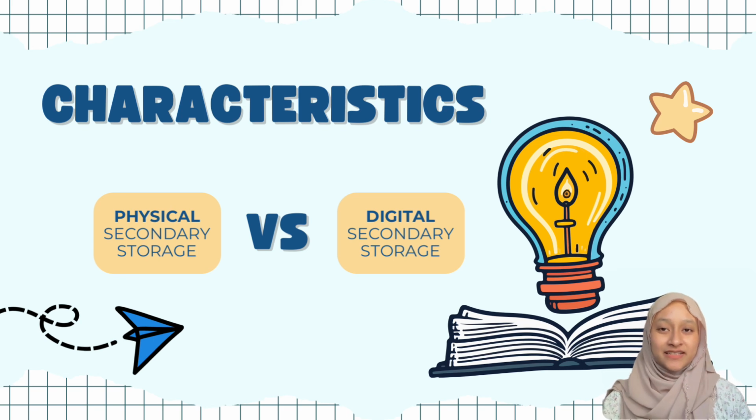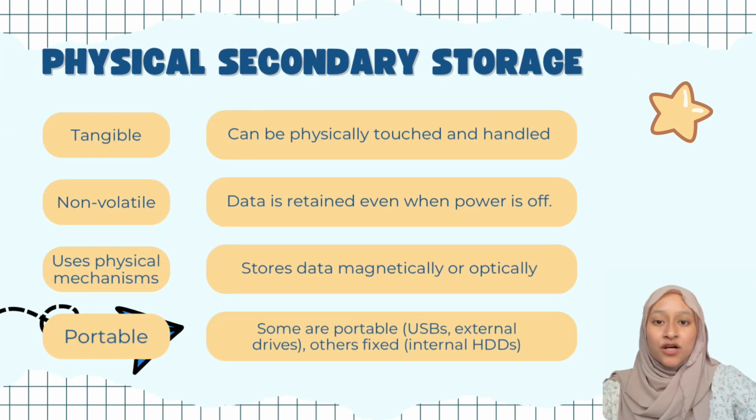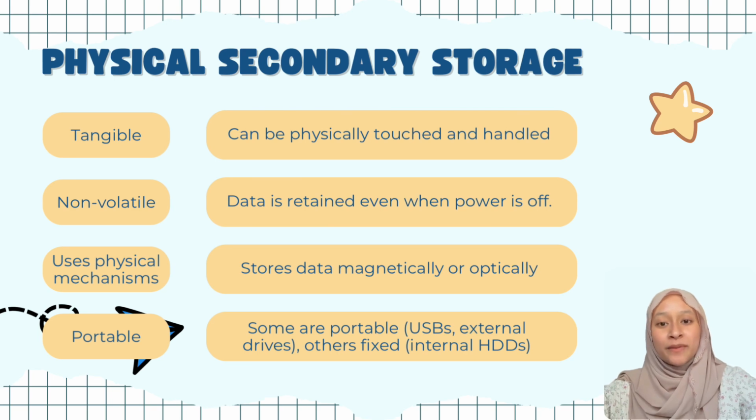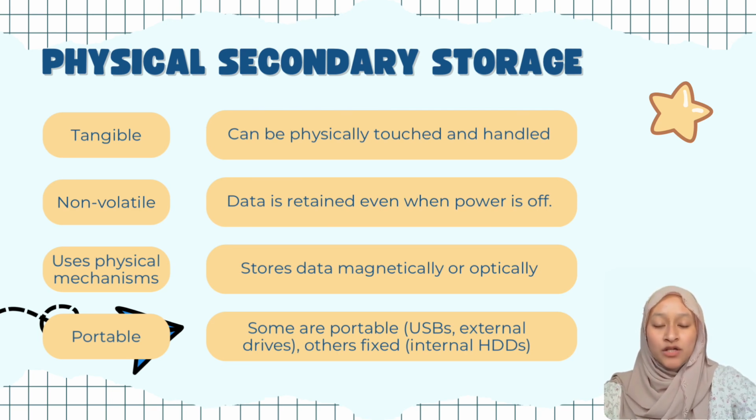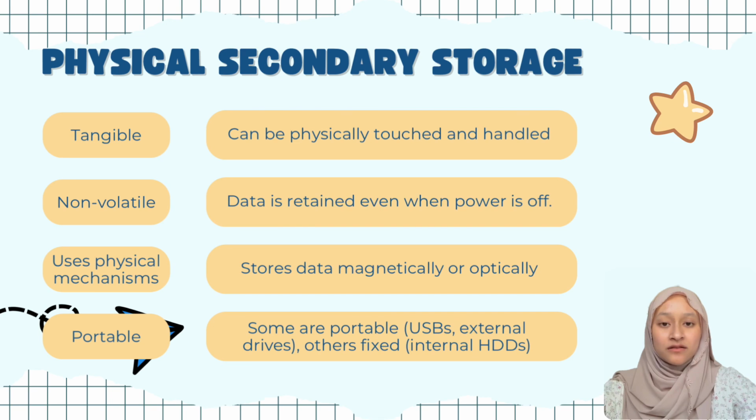Next, the characteristics. So I will tell you the difference between physical secondary storage and digital secondary storage. So we are going to dive into two main types of secondary storage, which are physical and digital. The first one, we're going to start with physical secondary storage. The key characteristic here is that it's tangible. You can physically touch and handle devices like hard drives or USB sticks.